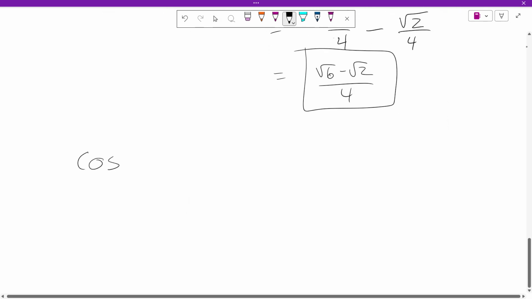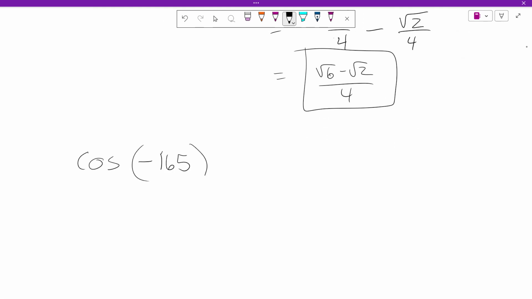Let's do the cosine of negative 165 degrees. Oh my. How do I get to negative 165? What minus what is negative 165? Well, what's a number on your unit circle that ends in 5? 135, did you say? 225?